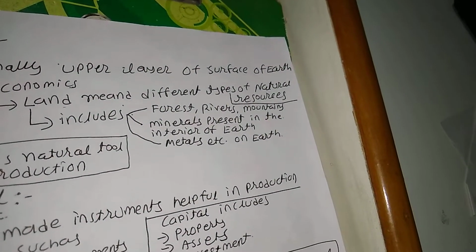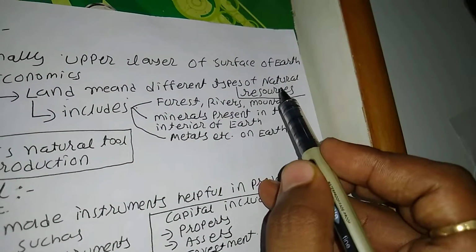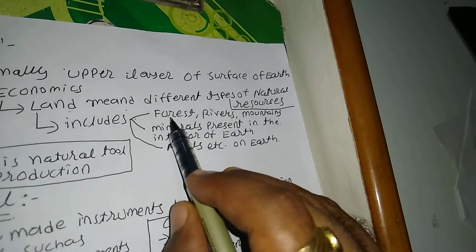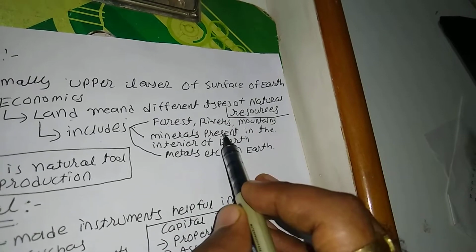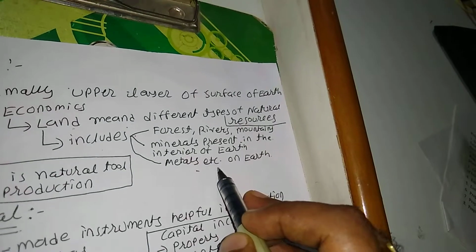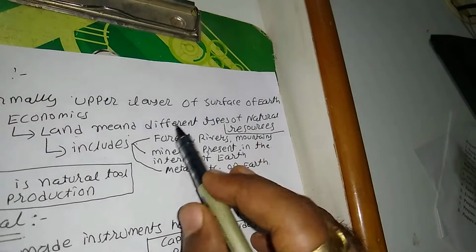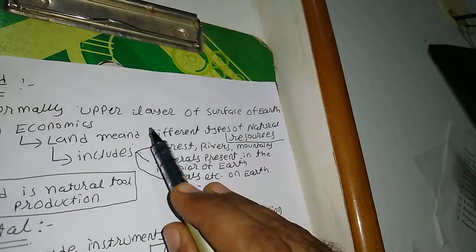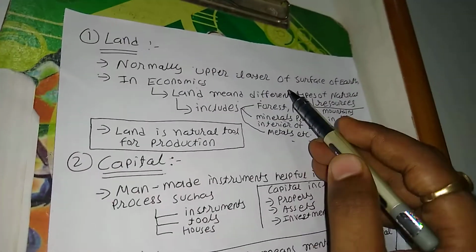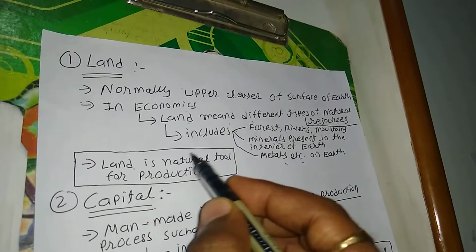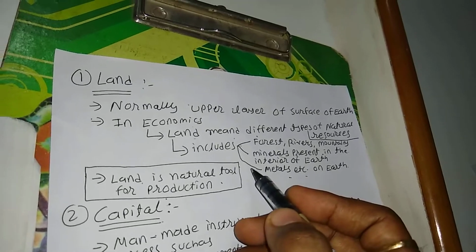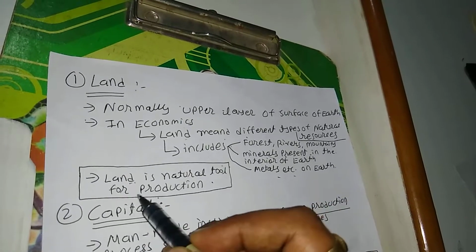These natural resources include forest, river, mountain, minerals present in the interior of the earth, metals, etc. They all are considered part of land. Please remember this definition. Another important thing: land is a natural tool for production. It can be asked as give reason or fill in the blanks.